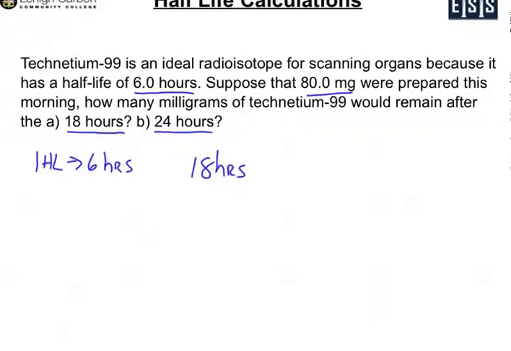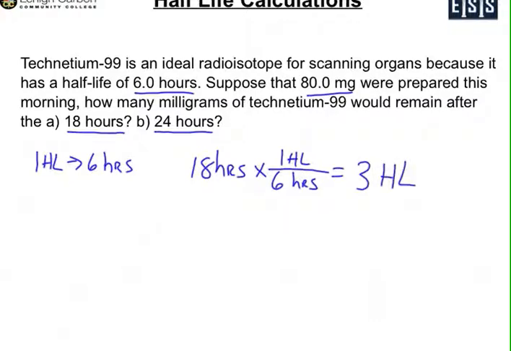Well, we know that for every 6 hours, we have one half-life. So after 6 hours, there's half remaining. After 18 hours, if you do the math, you'll see we come up with 3 half-lives. So this technetium-99 is going to undergo 3 half-lives. We started with 80 milligrams.